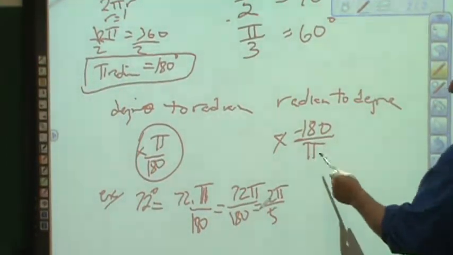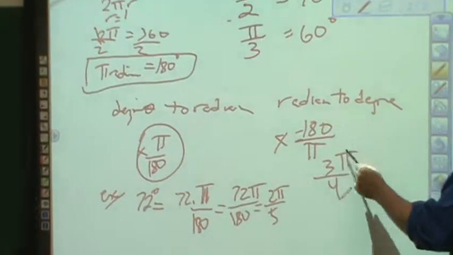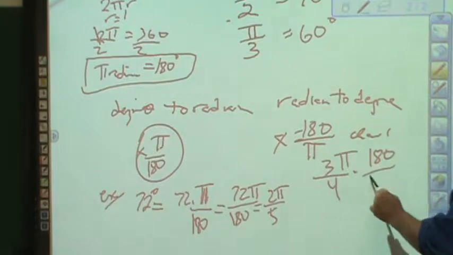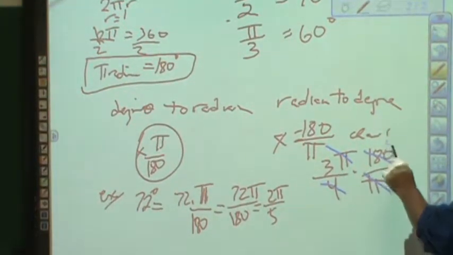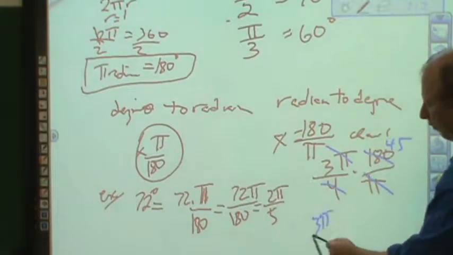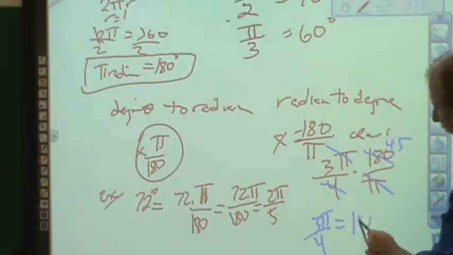And if I want to change 3 pi over 4 to degrees, multiply by 180 over pi. And of course you cancel 45, so 3 times 45, so 3 pi over 4 equals 135 degrees.